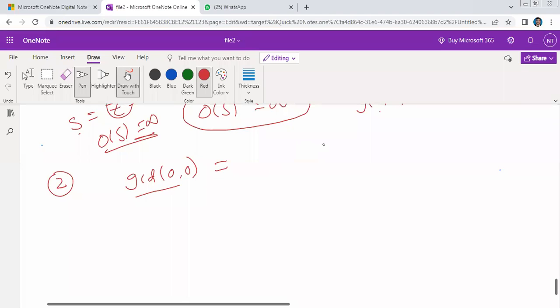Anybody say? GCD of 0 comma 0. 0 into any number we can take, so it is not possible. 0 does not divide 0. In divisibility there is no chance to divide this number, so it is not used. Any one must not be equal to 0. GCD of any two numbers, one must be not equal to 0. Am I right?